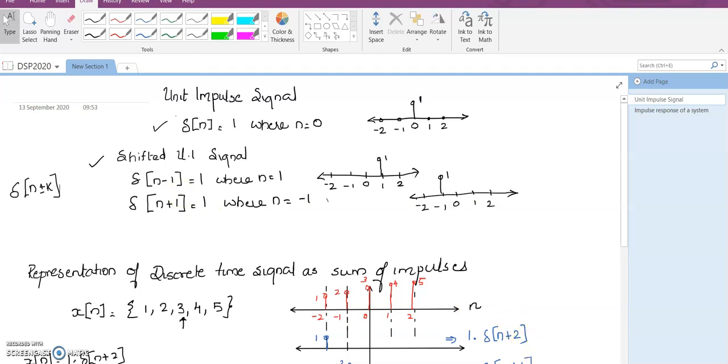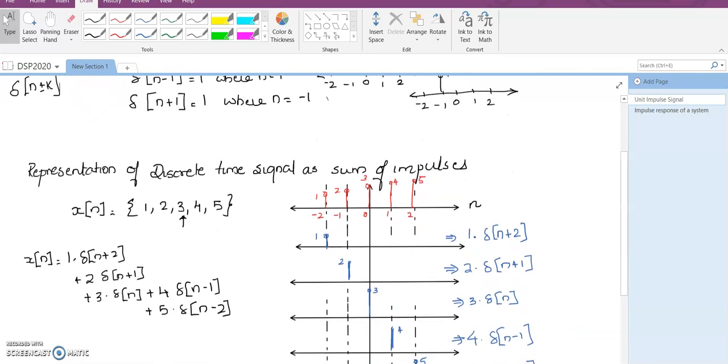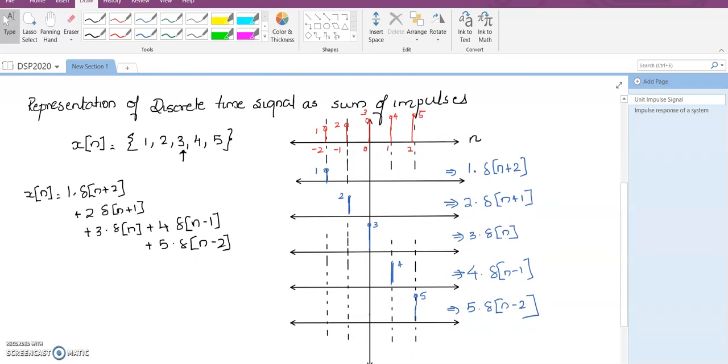The next topic that I'm going to cover right now is the representation of a discrete time signal as a sum of impulses. Let me make it clear: what does a shifted impulse mean? A shifted impulse basically means that it happened at a particular instant and it moved forward or backwards.